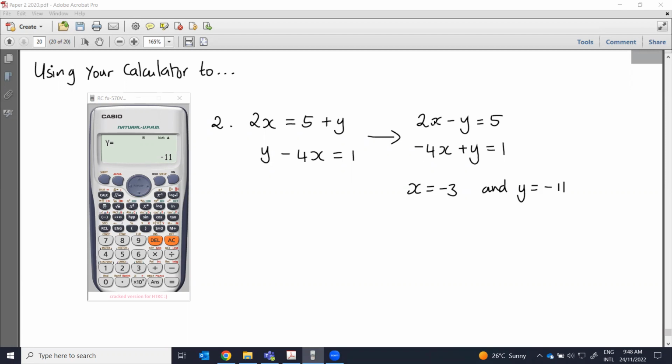So we have 2 times -3 is -6. -6 minus -11 will give you +5. And here I have -4 times -3, that's +12. Positive 12 plus -11, that is equal to 1.